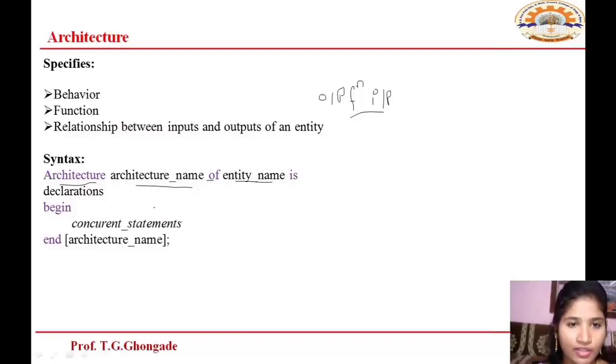As we have seen in the last lecture, before architecture we have to specify the entity declaration, and after that architecture. Now what is meant by entity? Entity specifies what are your inputs and what are your outputs, and then architecture specifies how your design or system is going to function or behave. So before architecture we have to specify the entity name and then architecture.